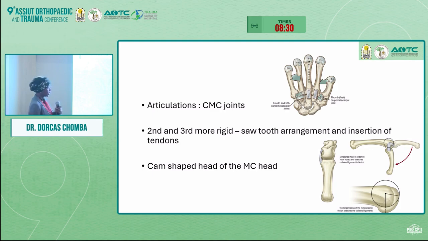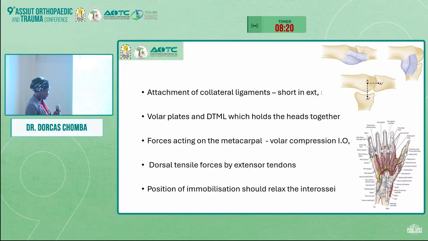The other thing we need to understand is the shape of the metacarpal head, that it's cam-shaped, meaning that the phalanx travels a longer distance when it's flexing. And why this is important, the previous lecture has alluded to this with the phalanges, is that the proper collateral ligament is at full length, or stretched, when flexed, and it's short in extension.